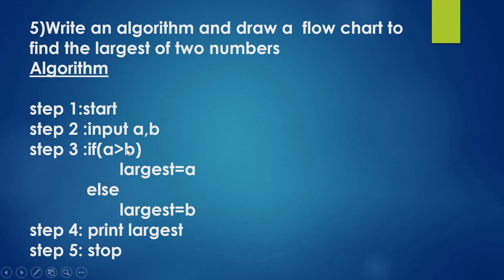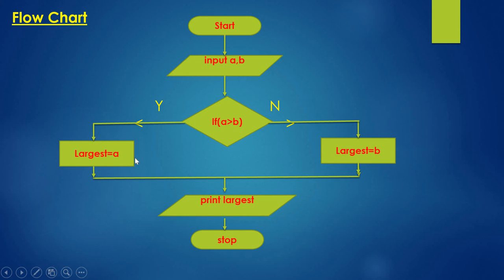And how to represent this using a flowchart? For representing the condition, we need a rhombus. Rhombus is for condition or branching. See, start, input A comma B. Then for that condition, we need that diamond box.